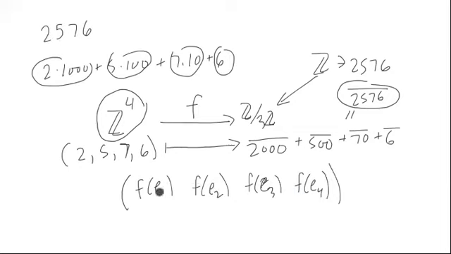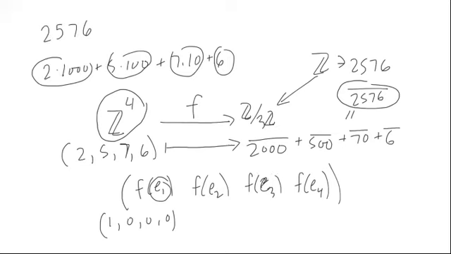What does e1 represent? e1 represents just (1, 0, 0, 0), which is equivalent to 1,000. So really, f of e1 should be what 1,000 is mod 3. f of e2 should be what 100 is mod 3, then 10 mod 3 and 1 mod 3.